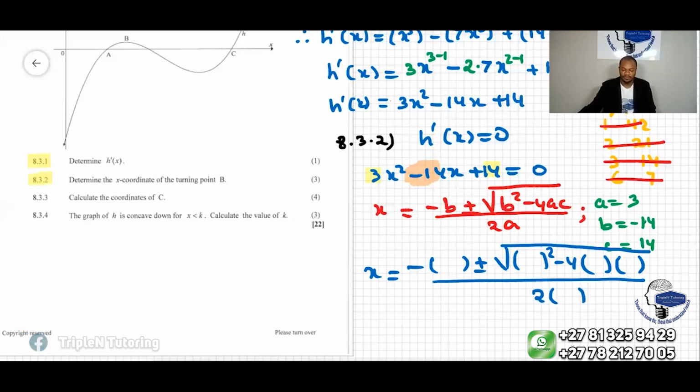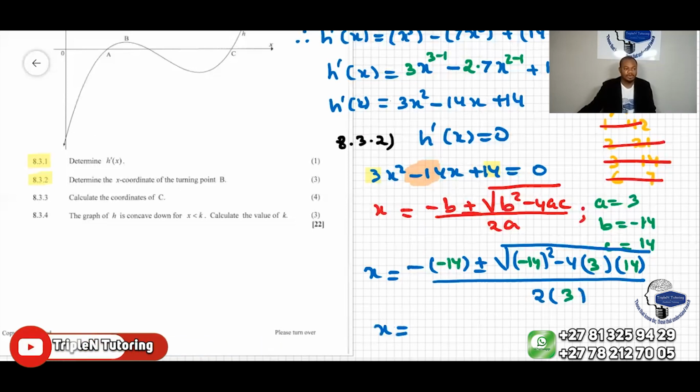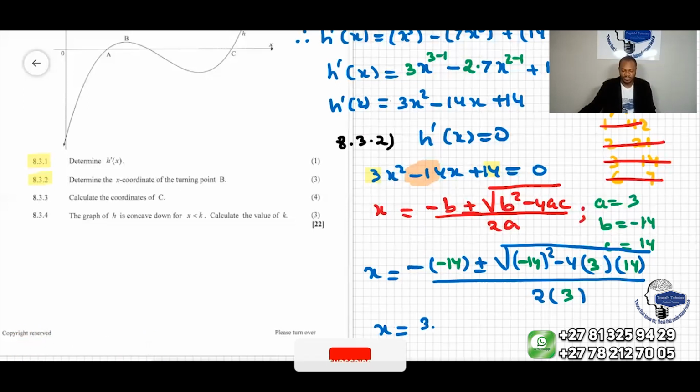Now we sub in the values. b is negative 14, so negative 14, b squared minus 4 times a, a is 3, c is 14, all over 2 times a. Now we can work it out. If we use a calculator, if I use the positive sign, we get 3.22.